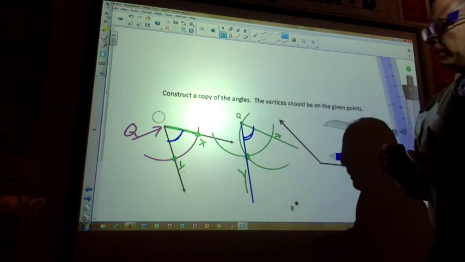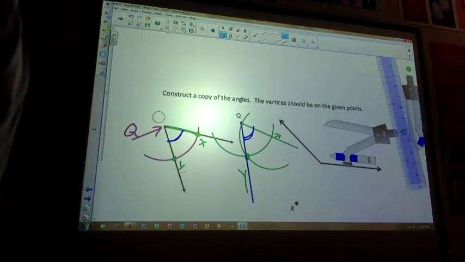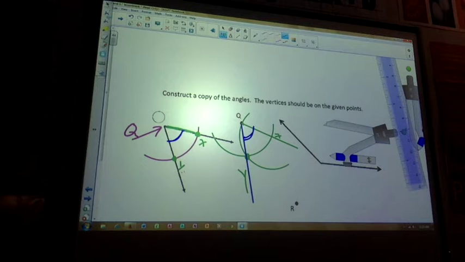So there's three things that take place when you have an angle and you want to duplicate it. Create some other point. Like this one we called angle Q, we create another point Q off of it. We opened our compass a certain distance and swung an arc that touched both of the rays that made up the angle. Kept that compass the same length.